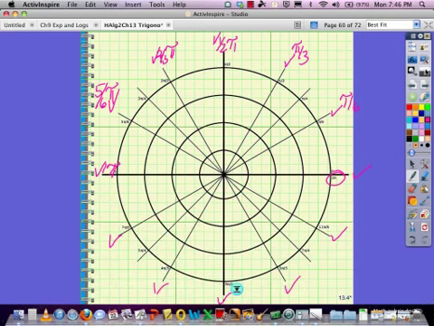If we're at 6/6 and we go one more sixth, then we're at 7/6 pi. 8/6 pi reduces to 4/3 pi. 9/6 pi is 3/2 pi. 10/6 pi reduces to 5/3 pi. 11/6 pi. 12/6 pi gets us back to where we started, or 0, which is 2 pi. And now we've completed the whole circle.